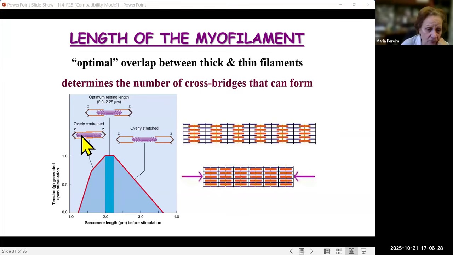If you have overcontracted or overly stretched, the contraction is going to be much less than if you have an optimal overlap of thick and thin filament. So the length of the myofilament, which depends on the overlapping of thick and thin filament, also controls the tension.